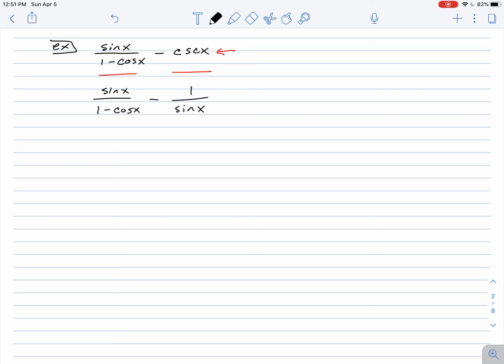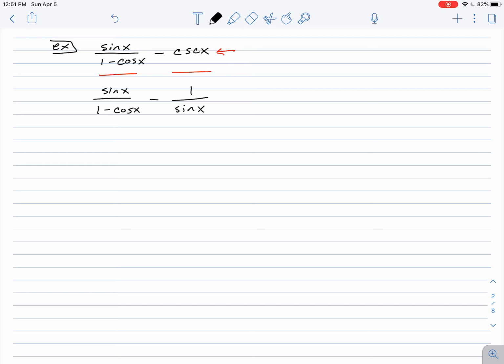Now this is why the memorization is really helpful. If you keep having to scan through your formulas while you're doing this, it's going to be a hard process for you. But if they're already in your brain, when I see cosecant, I see 1 over sine. If you have that memorized at the front end, this will radically improve your success on these problems.